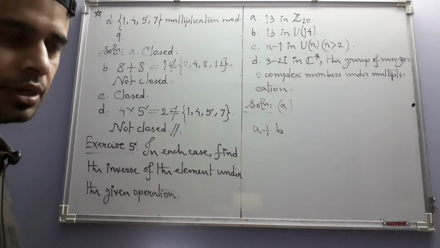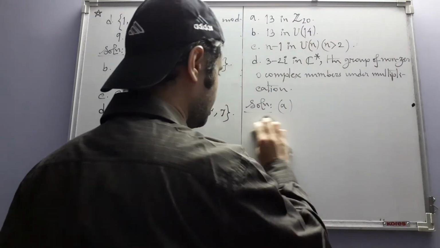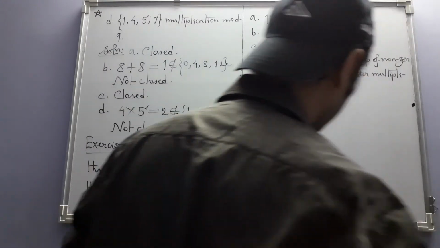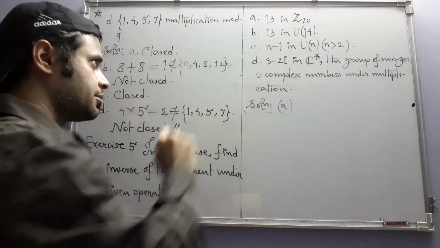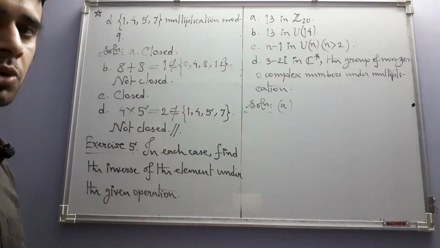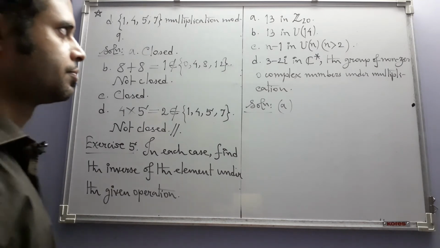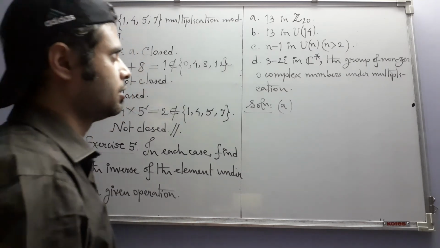That's what they have done here in this text. In Herstein's algebra, however, the elements in this group are considered to be congruence classes modulo 20. Same thing, they are isomorphic, but those things we will see later.